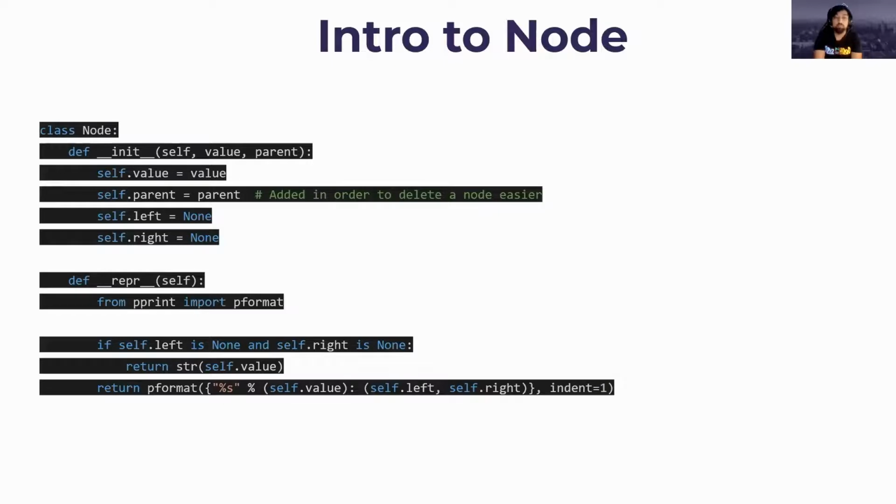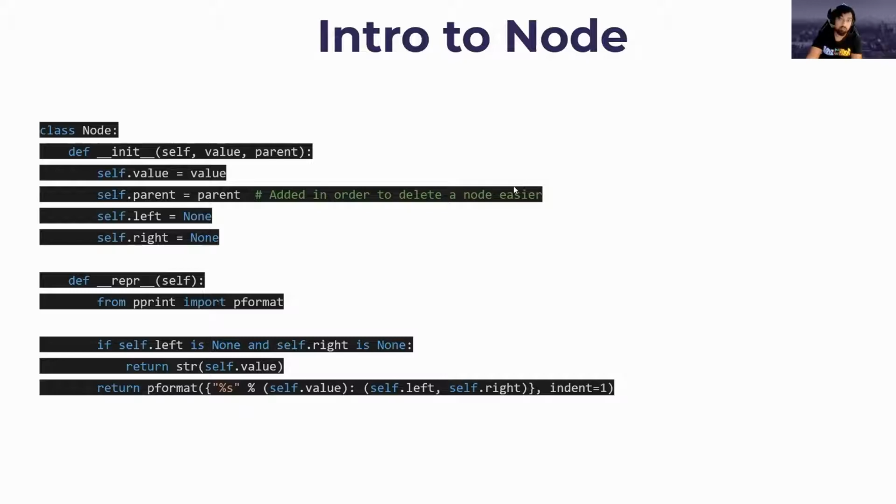Hi guys, my name is Digonto, and I'll be explaining the node class portion of the binary search tree algorithm. So if we take a look at the code of the node class, we see that when we initialize this class, we take in the attributes of value and parent. So we set self.value equal to value and self.parent equal to parent. The parent attribute is added in order to make a deletion of a node easier.